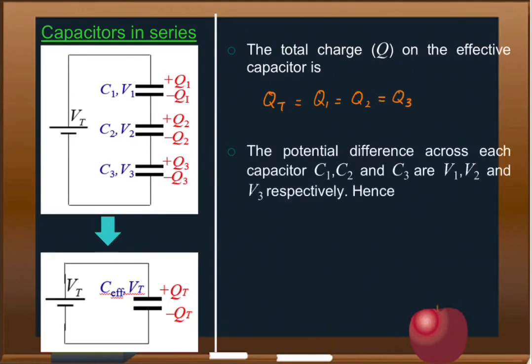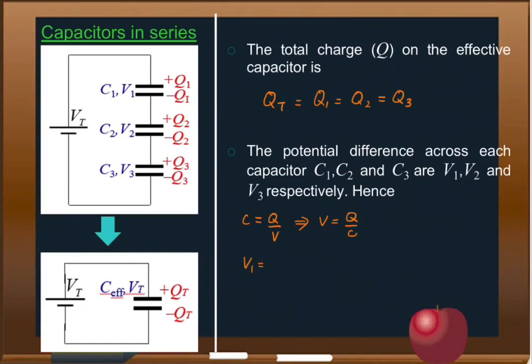So the potential difference across each capacitor C1, C2 and C3 are V1, V2 and V3 respectively. So initially we know that we have the equation for capacitance, which is C equal to Q over V, and this equation can be rearranged to get V is equal to Q over C. So we can write down the formula for V1, V2 and V3.